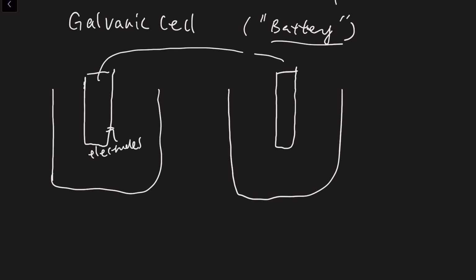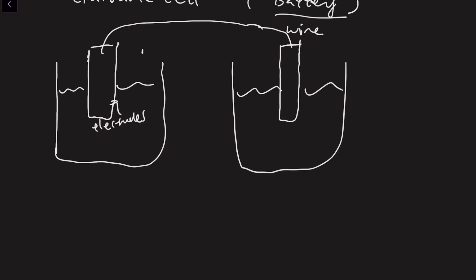We also need a wire to conduct electricity. We will also need some kind of ionic solution. And we also need a salt bridge. And the salt bridge is very important, as we will discuss later.